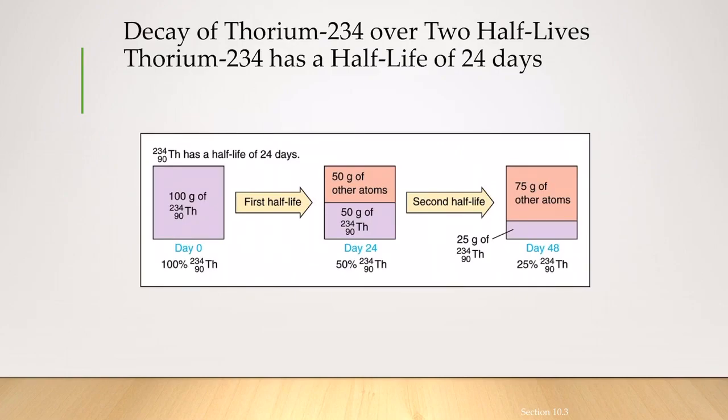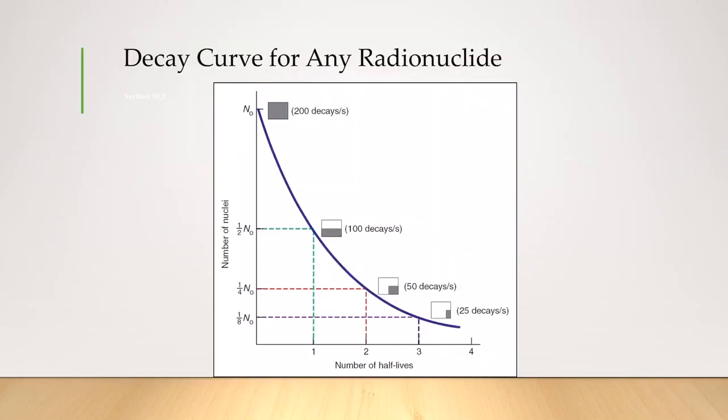After the first half-life, after 24 days has passed, you will have 50 grams of thorium-234. And after the second half-life, which is another 24 days, you will have 25 grams of thorium. Now you should be able to predict how many grams will be left after the next 24 days.